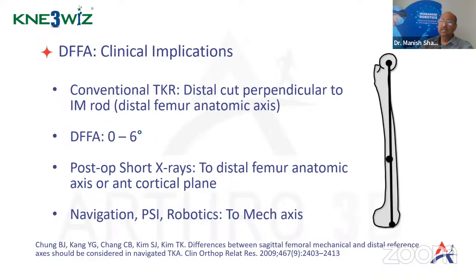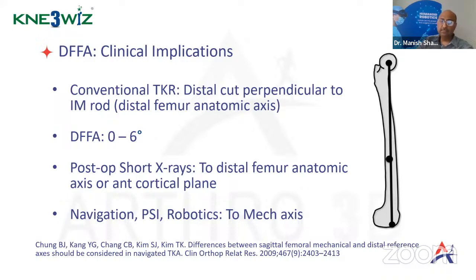Thus, in most of our patients with conventional instruments, we put the knee in some degree of flexion compared to the mechanical axis in the lateral view. This needs to be remembered as we now start using technological aids.